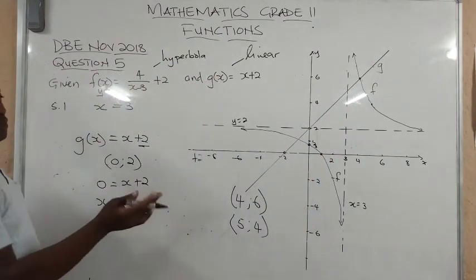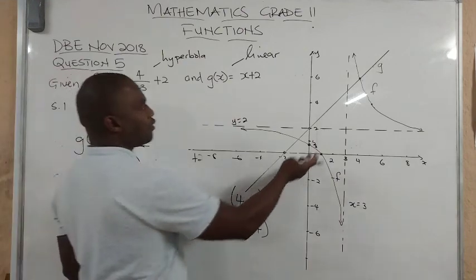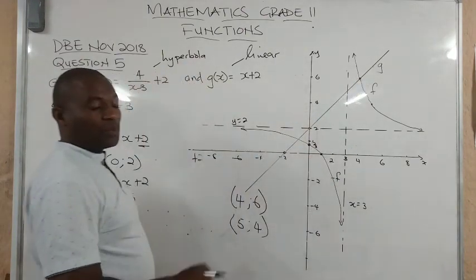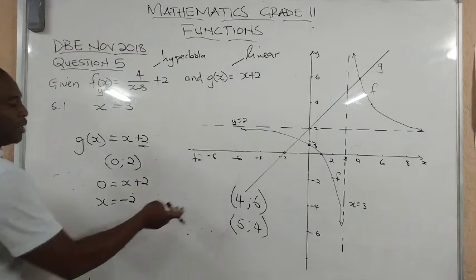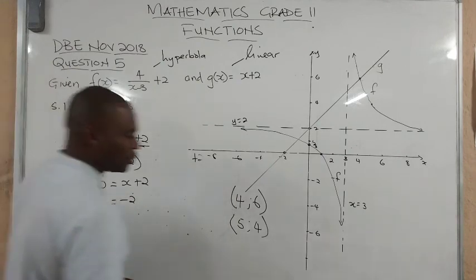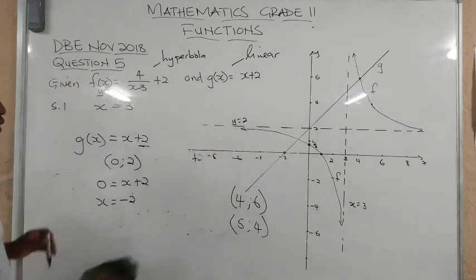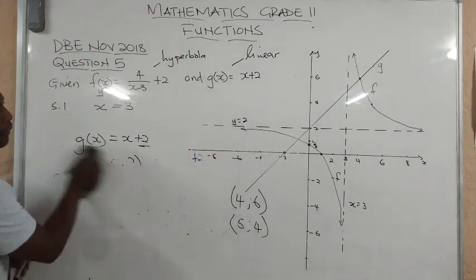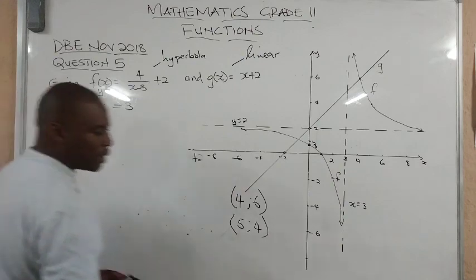So if you are asked to solve these two, you already have a point. So when you solve, at least you have something to bank on or to gauge on your answer. All right, that's a drawing.